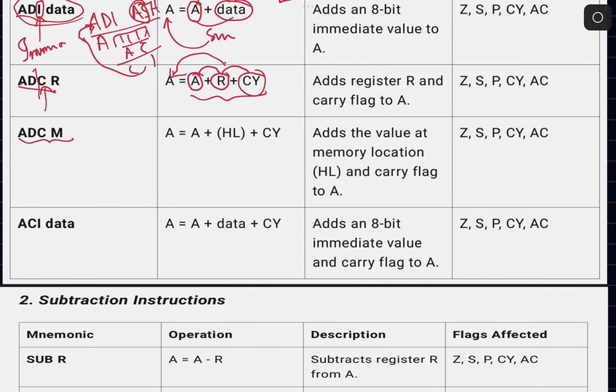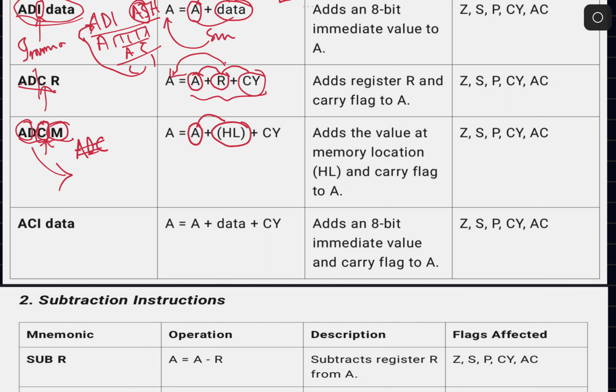What about this? Okay, we have this ADD with C. C means carry, and we have M. So this instruction is doing is that the content of accumulator A will be added to the content of the memory location, which is pointed by the HL pair.